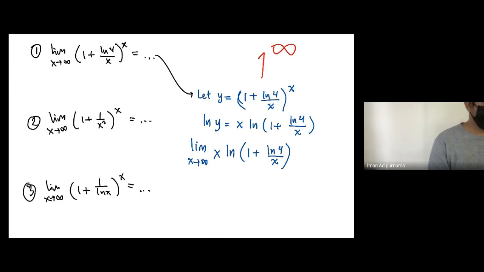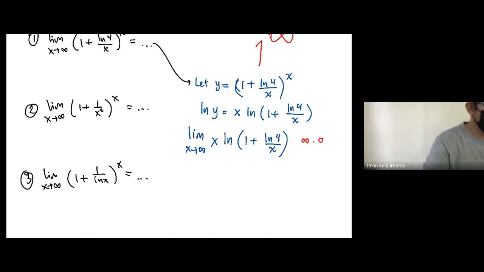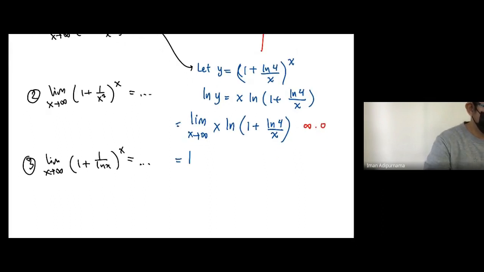If we check here, this will be an indeterminate product, right? Infinity times 0. So probably we take the x to the bottom so that we have 1 over x.